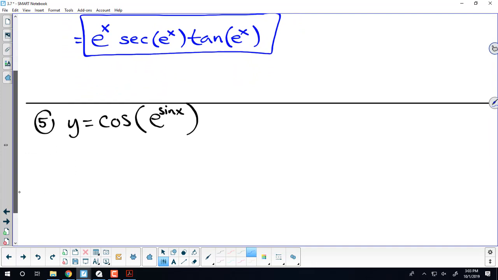Example 5, cosine of e to the sine x. So we take the derivative of the outside and leave the inside alone. The derivative of cosine is what? Negative sine. Leaving the inside alone.